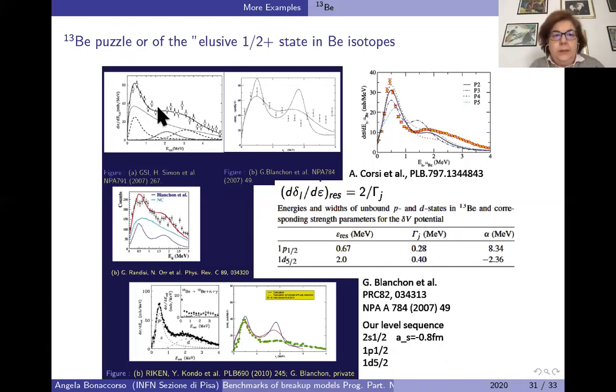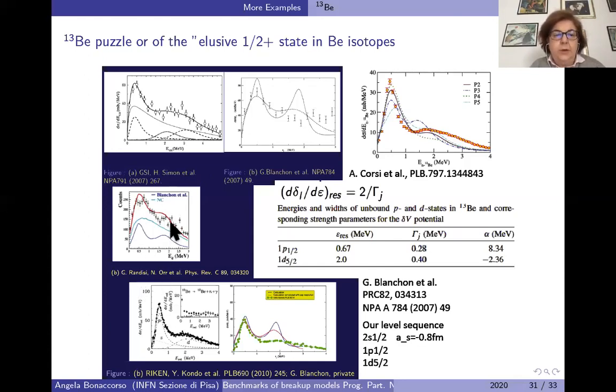So we got this when we compared to the data by Simon and collaborators, GSI data at relativistic energy. No, sorry, this was their fitting. This was our calculation.